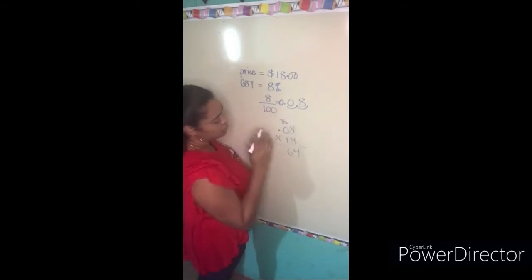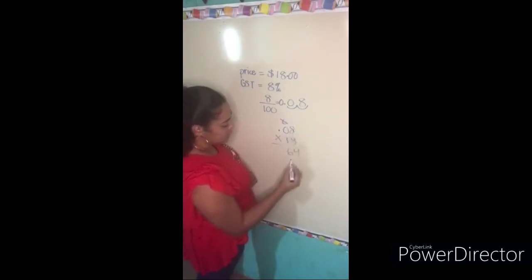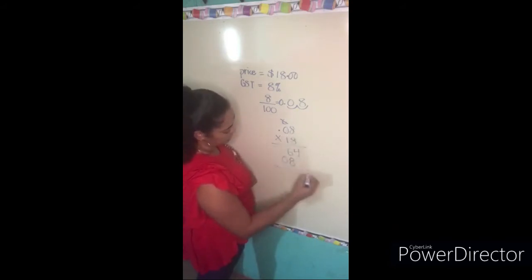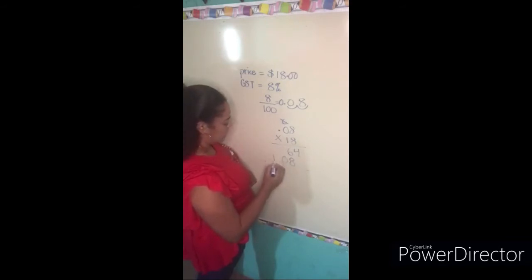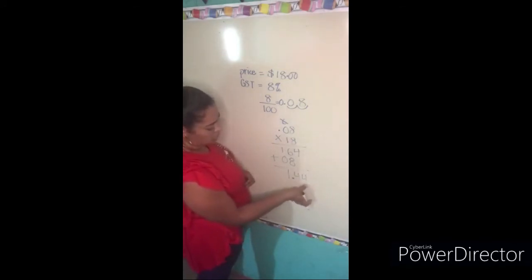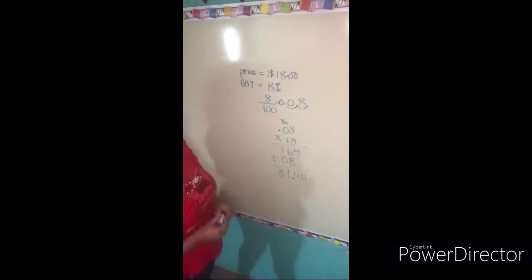I'm going to scratch this off so we don't get confused. We're now here. 1 times 8 is 8. 1 times 0, 0. Now we're going to add the numbers. 4, we're going to bring down that 4. 6 and 4 is 14. Carry the 1. 1 and 0, 1. And we have 2 decimal places here, so we're going to move 1, 2. So, 8% of $18 is $1.44.